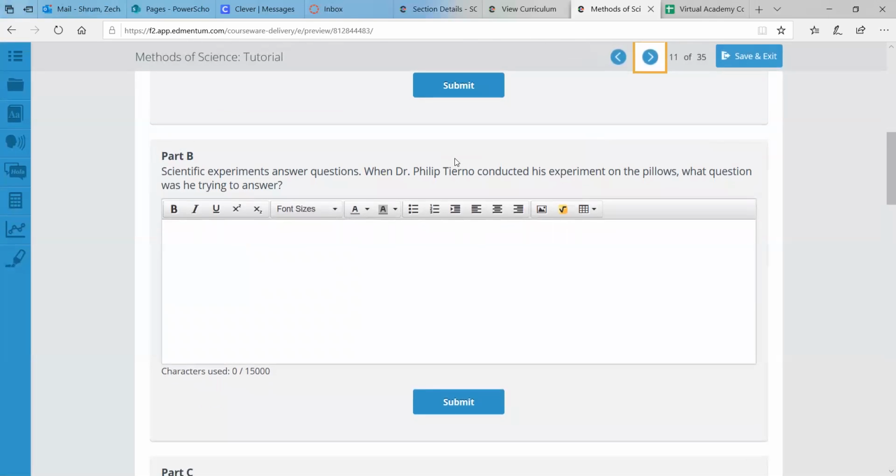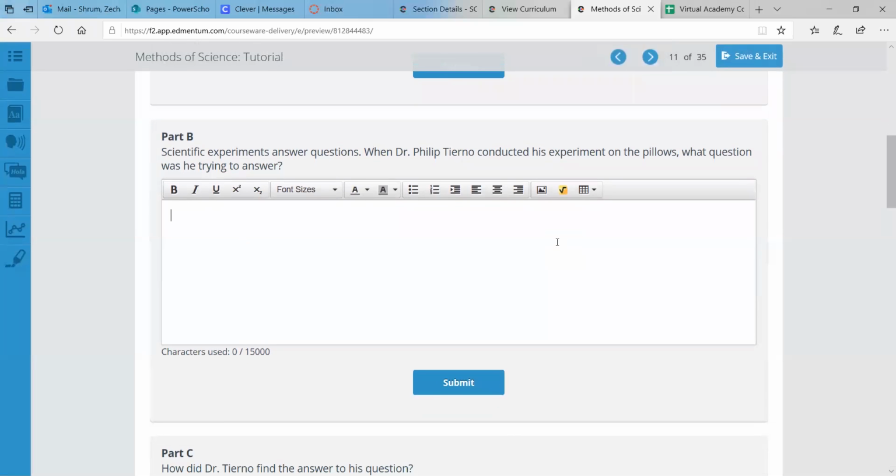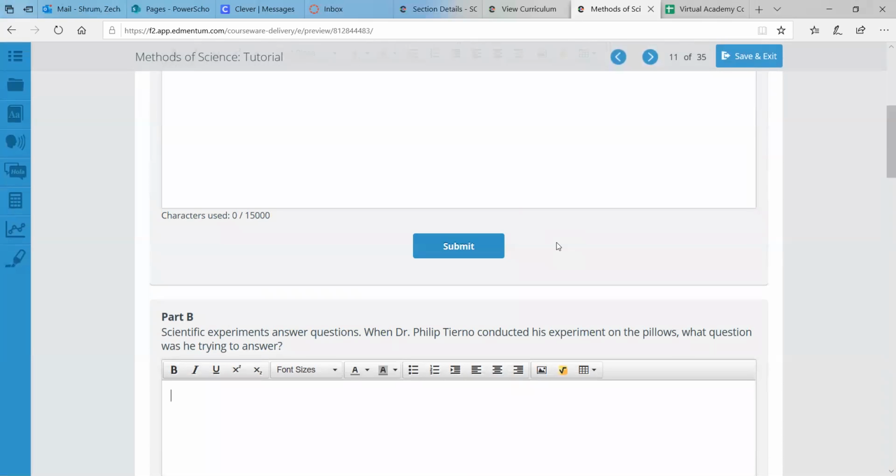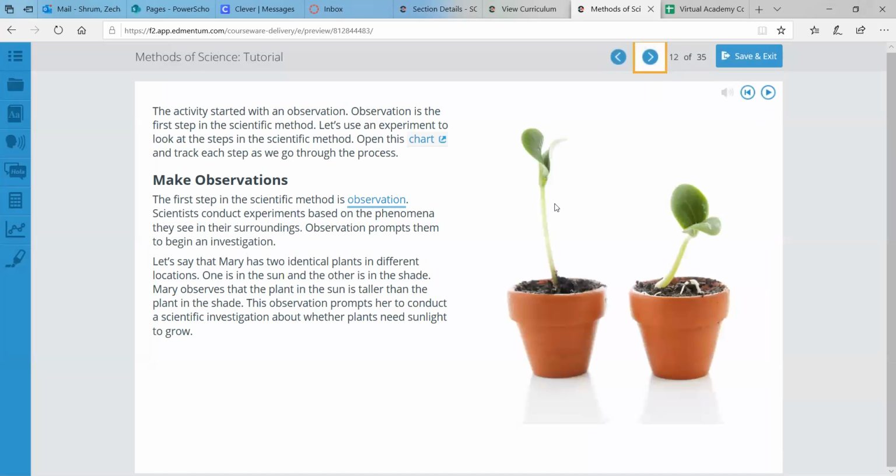Part B asks, with this experiment, what was he trying to answer, Dr. Philip Tierno? So this activity is getting you to understand why people pursue experiments, like what makes them ask certain questions, and what those experiments are trying to do. It's just to get your mind thinking.